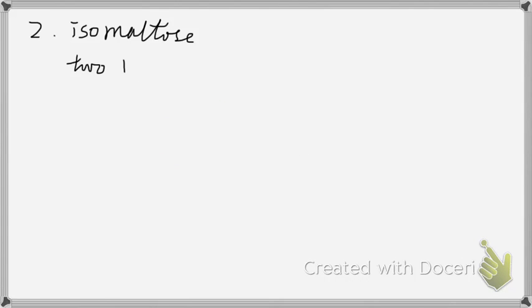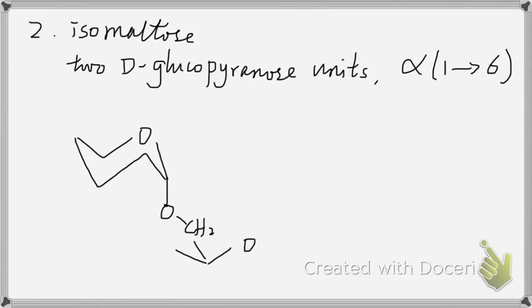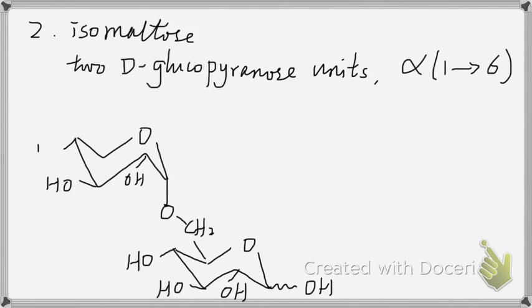The second disaccharide we will look at is called isomaltose. It's formed by two glucopyranose units in the alpha form, but it's alpha 1,6 instead of 1,4. So this is the structure in the chair conformation.